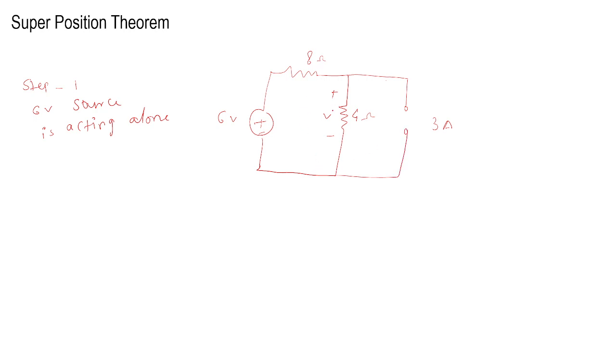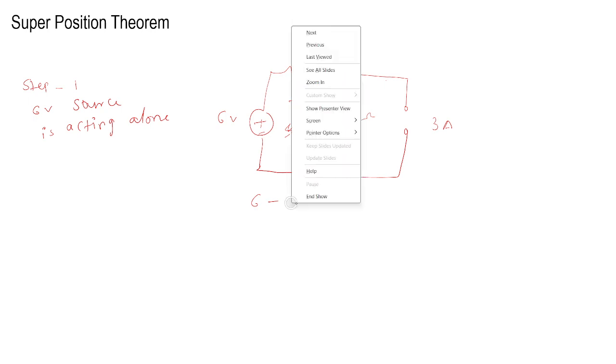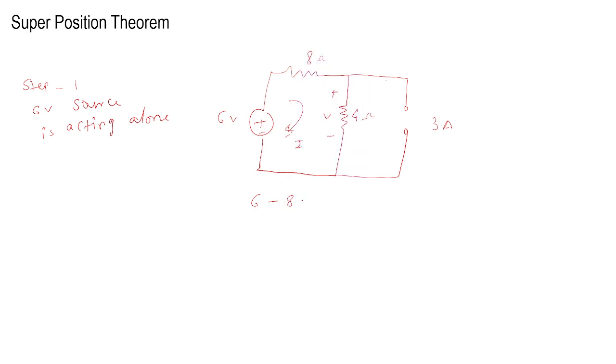So now we need to find the voltage across these 4 ohms. So simply I will apply KVL. So minus to plus, that is 6 minus 8I, or simply what you can do, instead of applying KVL, you can find the R. R is equal to 4 ohm and 8 ohm are connected in series.